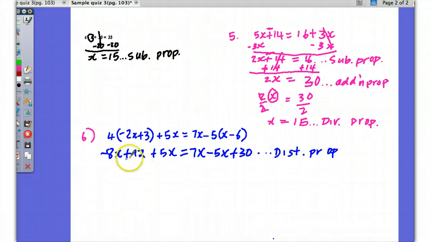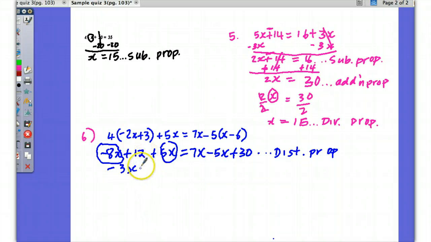And now, to proceed further, I have a term in x here, another term in x on the left, so let me put these two together. I'm going to put negative 8x together with a positive 5x. It's going to give me negative 3x.